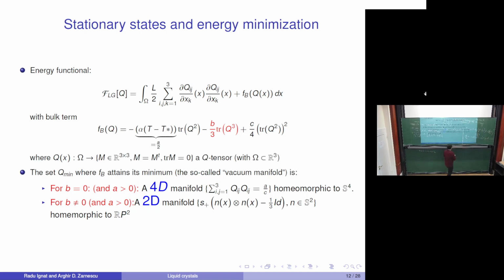So I'll get something like this: (lambda_i minus lambda_j) times (a minus b (lambda_i plus lambda_j) plus c sum from i equal to 1 up to 3 of lambda_i squared) is equal to 0.